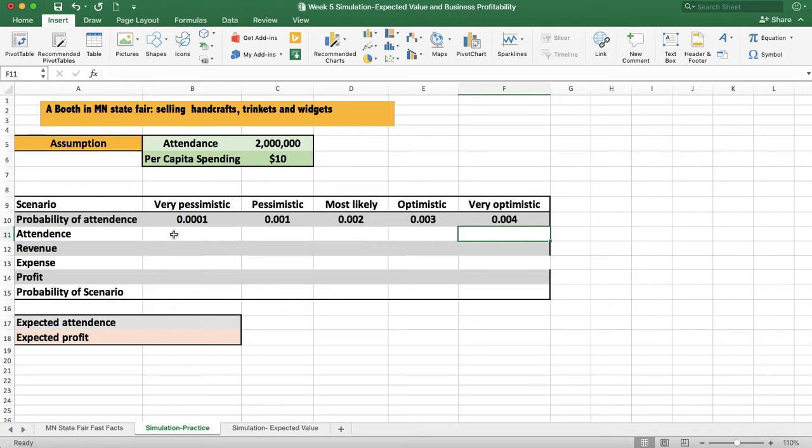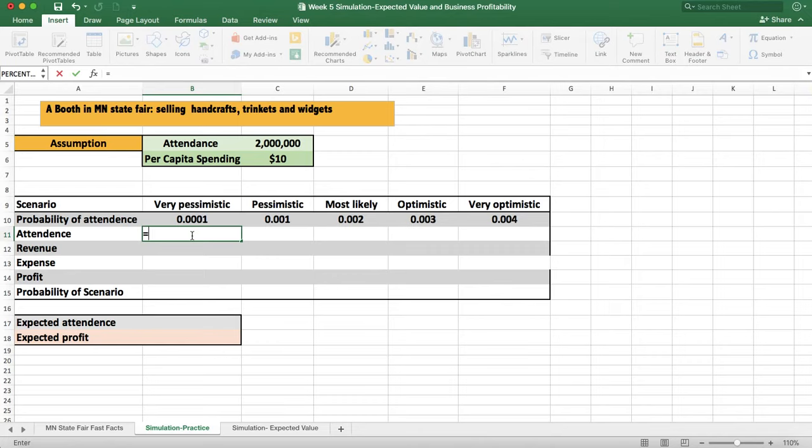And the attendance for the very pessimistic scenario is this value times the total attendance in State Fair. And we made the C5, the total attendance in State Fair, an absolute reference.